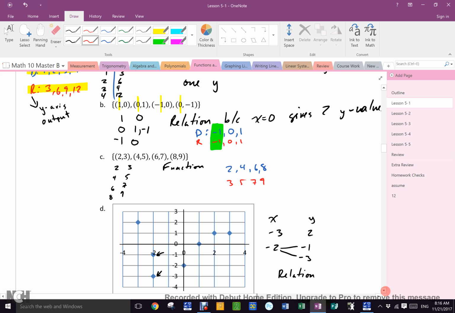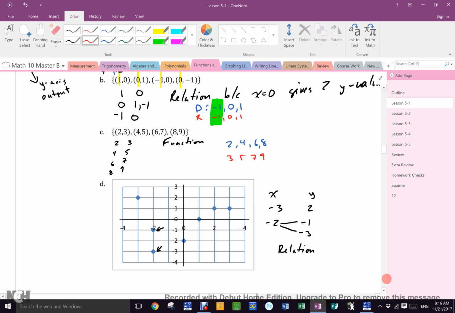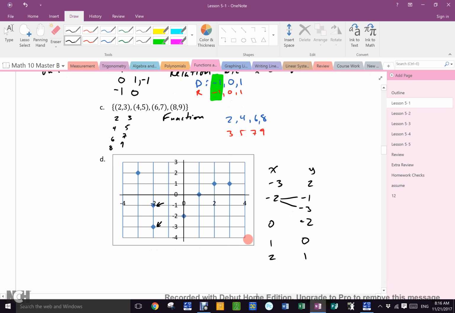We had a graph, but each graph still had ordered pairs, right? This guy, we wrote out, this guy was -3, 2, and there is another set. What was this guy? Was 0, -2. This guy was 1, 0. This guy was 2, 1. And this last guy was 3, 1.